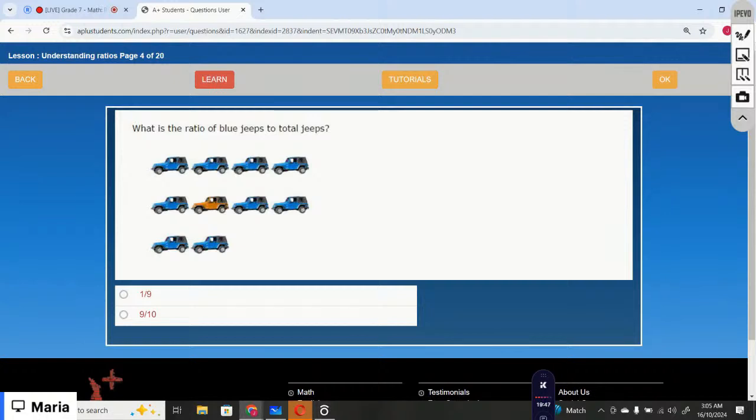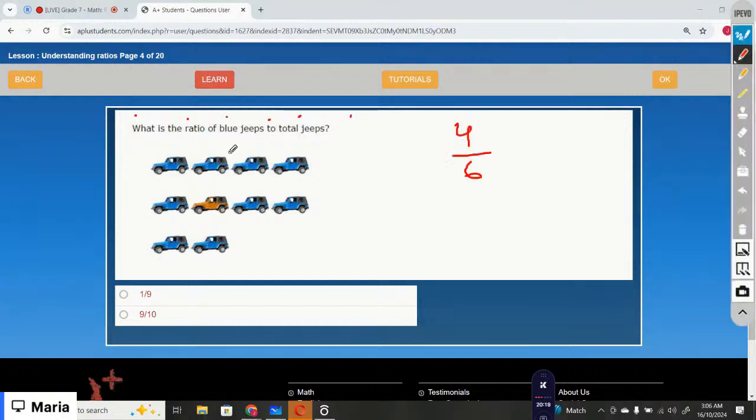What is the ratio of the blue jeeps to total jeeps? So which is the correct option? Blue jeeps to total jeeps.